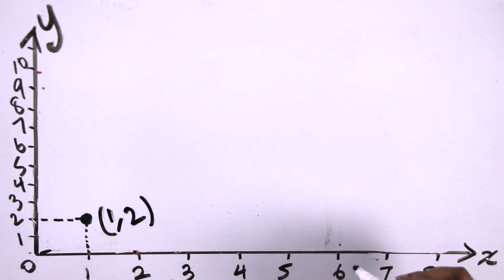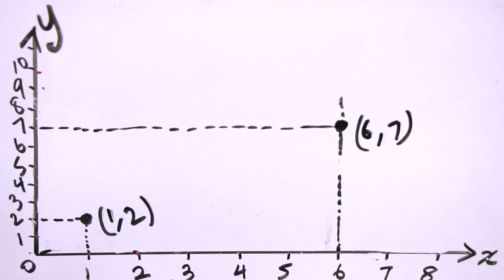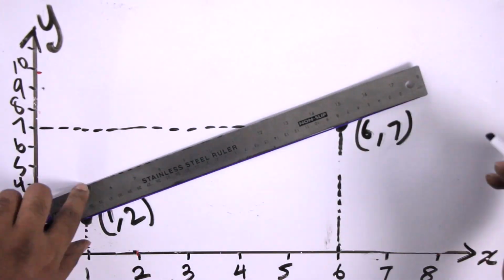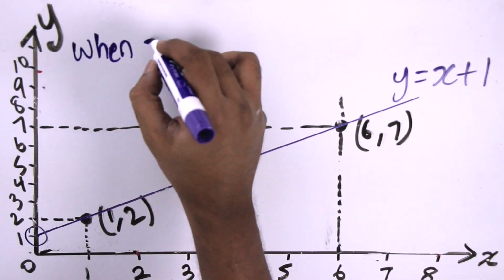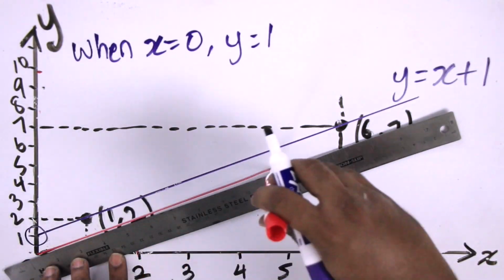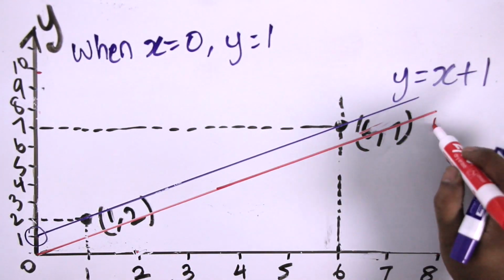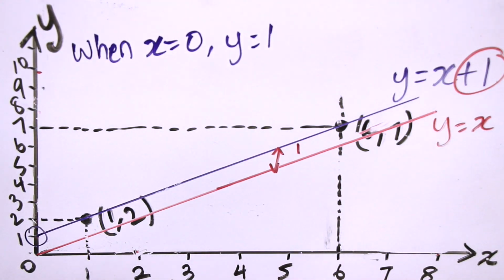Now, we draw a straight line through the points, and we have the line y is equal to x plus 1. Notice that this new line cuts the y-axis exactly at 1. That's very interesting. Now let's redraw the line y is equal to x, just to compare and see the difference between the two lines.